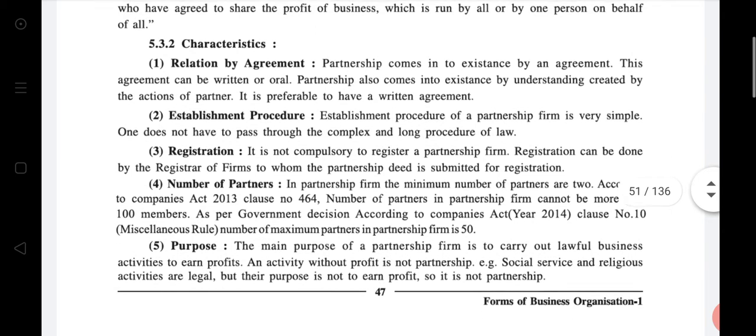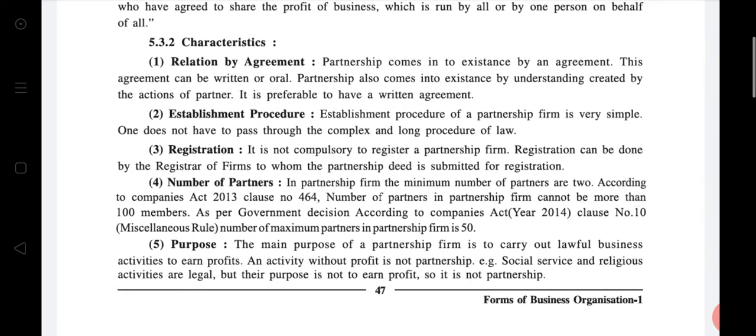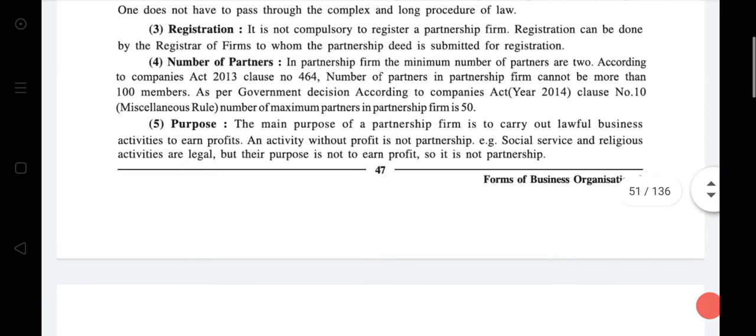Okay, so characteristics of partnership: relation by agreement, establishment procedure, registration, number of partners. See, the number of partners is important for the MCQ. In your examination, an MCQ question may ask how many minimum partners are required in a partnership.